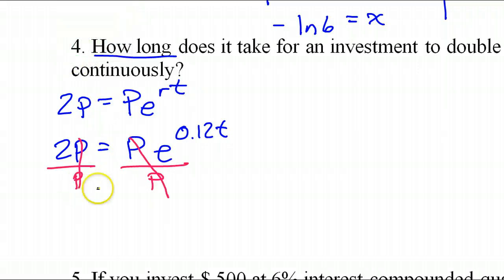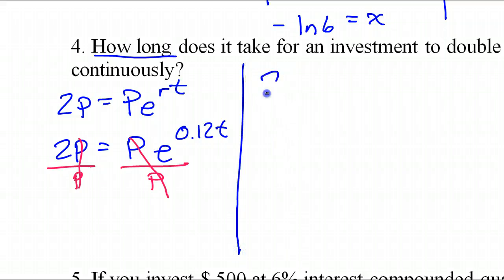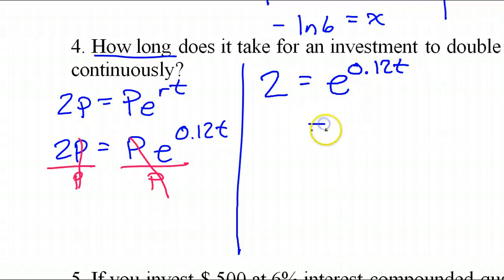And so really what I have is 2 equals e to the 0.12 t power. If I want to solve for t, I need to rewrite this in log form. Start with the base. You have to bring that down and do log base e.